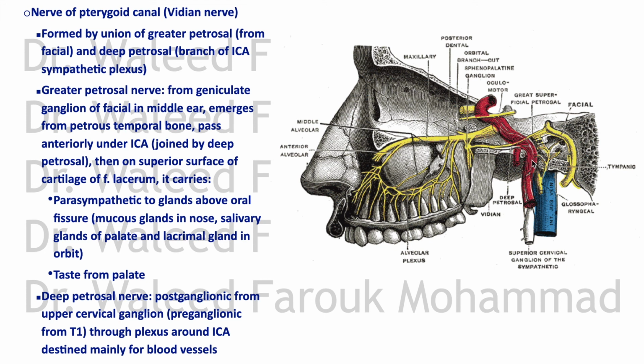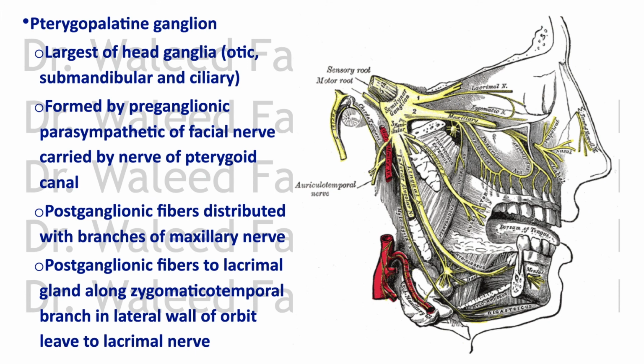These are the segments which give the white rami communicantes. I think, yes, we discussed this with the cervical plexus a long time ago in the posterior triangle. Okay, now back to the deep petrosal, the sympathetic. It will be distributed through the branches of the maxillary nerve and mainly to blood vessels, acts on blood vessels.